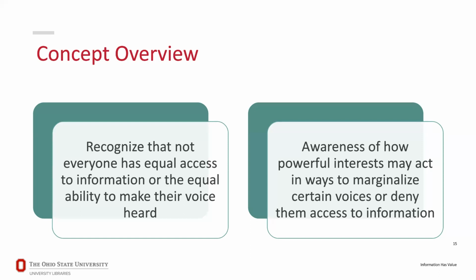So a key part of this is understanding that because information is valuable, because it can be a commodity in many ways, there are going to be inherent inequalities in access and in power related to information.